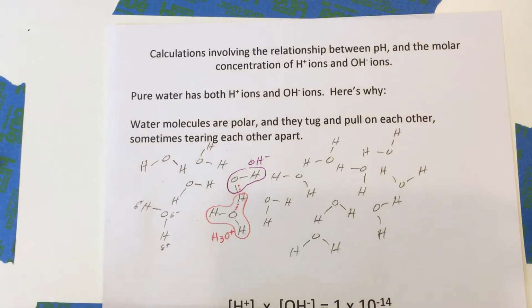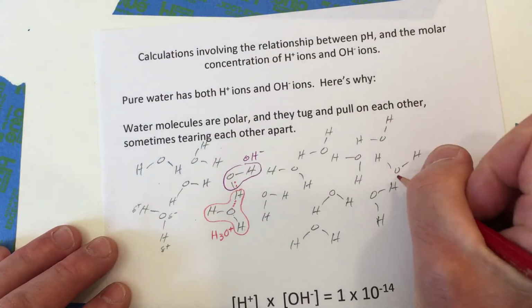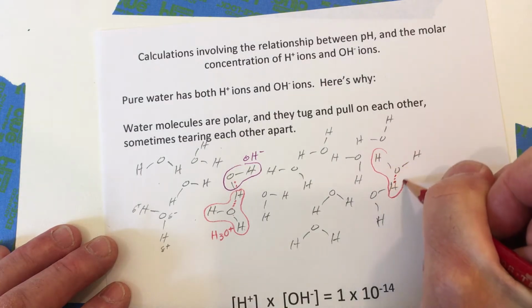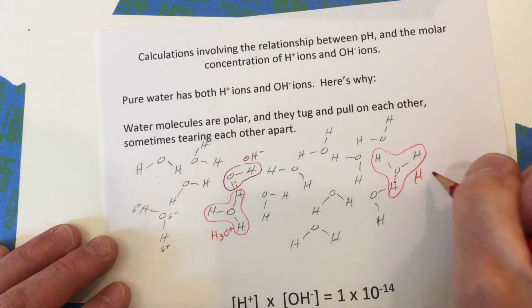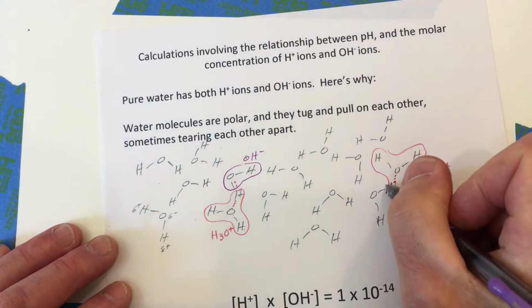So keep in mind that this doesn't happen very often. If you have millions and millions of water molecules, only a few get broken apart. But every time it happens, you get one H3O plus for every one OH minus. So here's another H3O plus, and here's another OH minus.